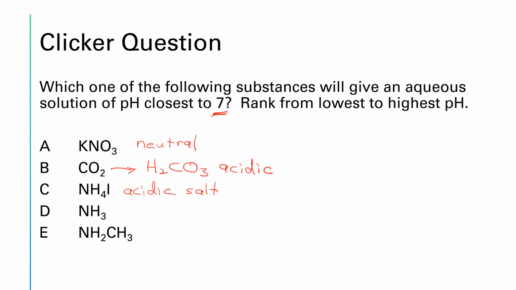And then let's see, ammonia is a weak base. And then the methylamine is also a weak base. Okay, so based on what we know right now, the things that we have that are on the acidic side are carbonic acid and ammonium iodide.